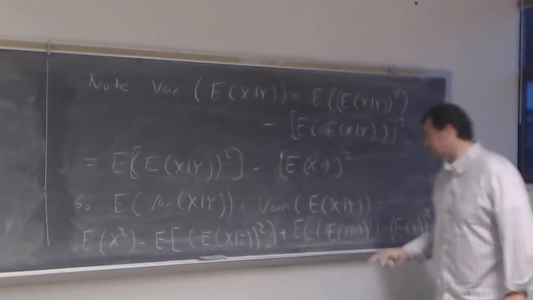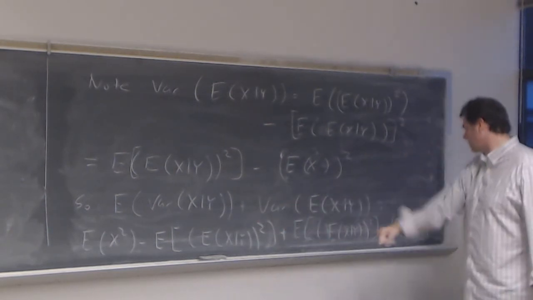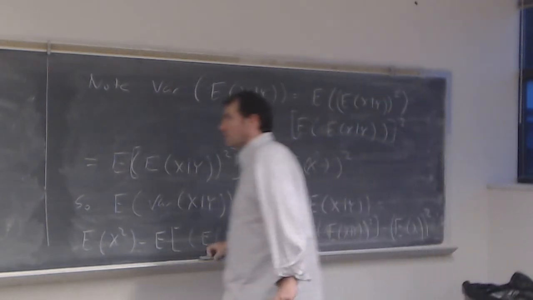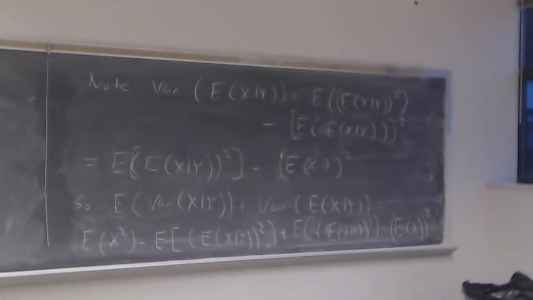These two guys are exactly the same, except one's minus, one's plus. They're going to cancel with each other. And then what we're left with is something by formula equal to the variance. Let me write that down.